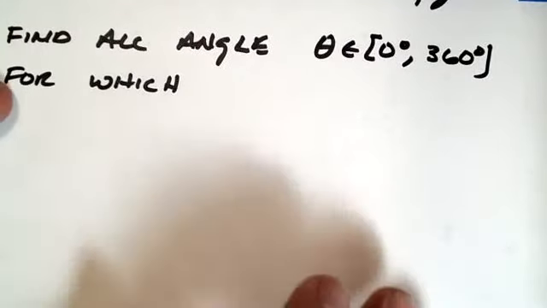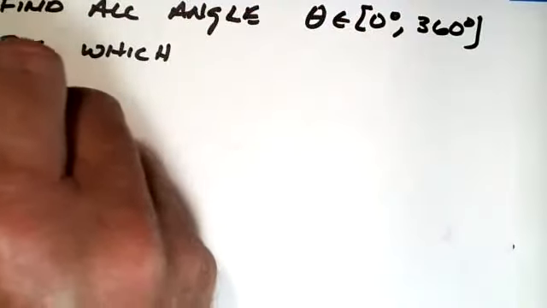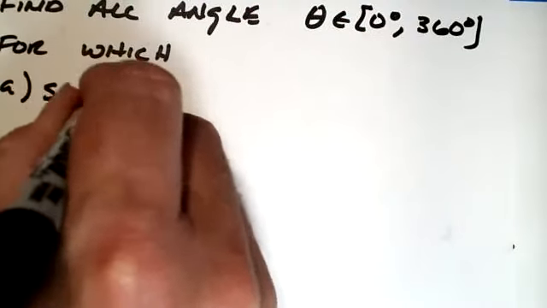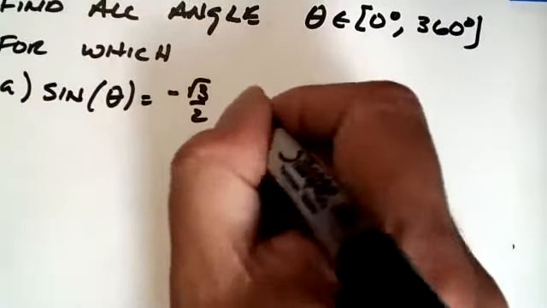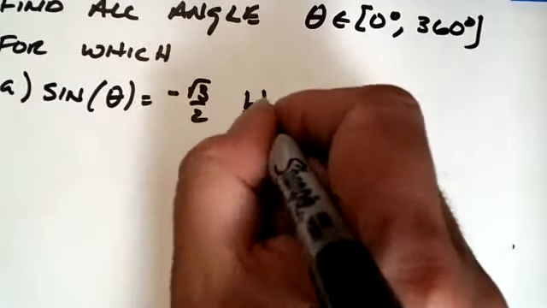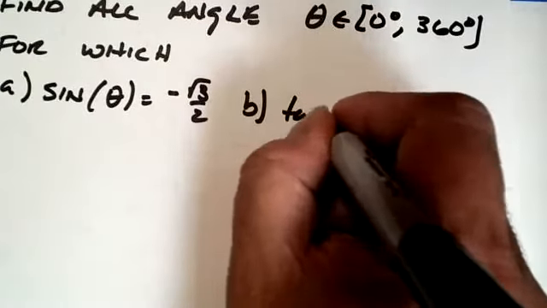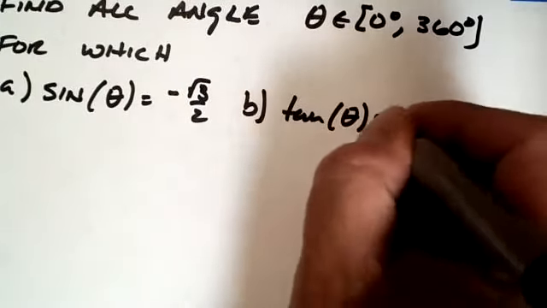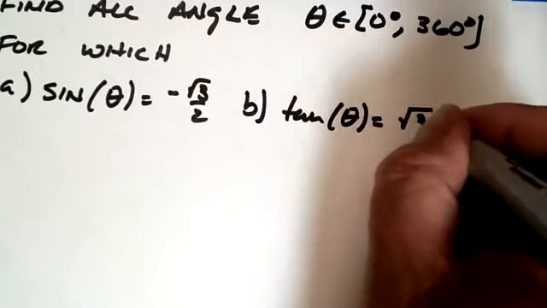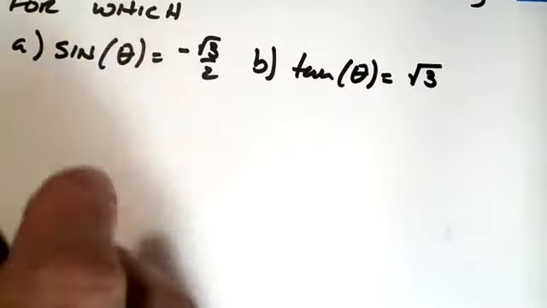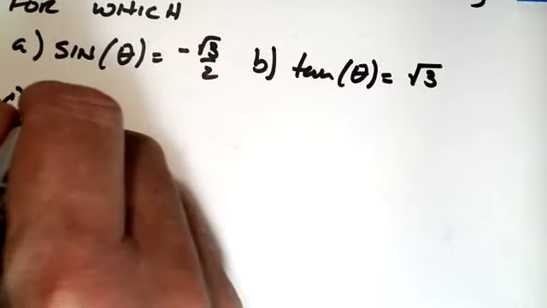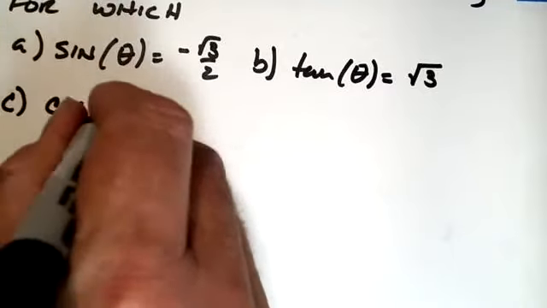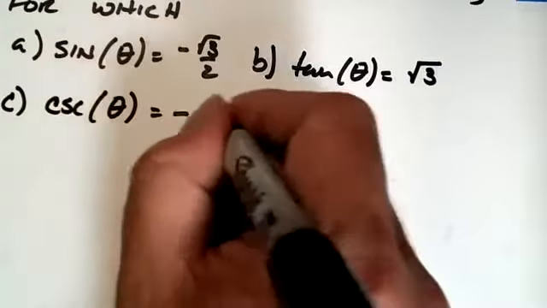How about sine of theta equal to negative root 3 over 2? Let's try another one. How about tangent of theta equal to square root of 3? And just to make it interesting, let's do one where we've got cosecant of theta equal to negative 2.